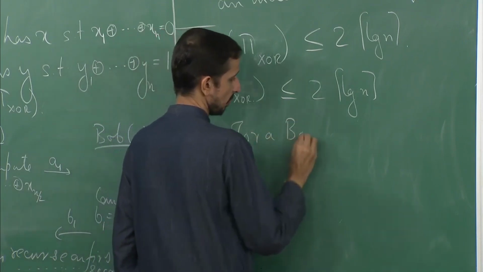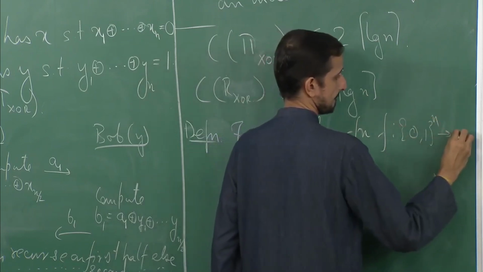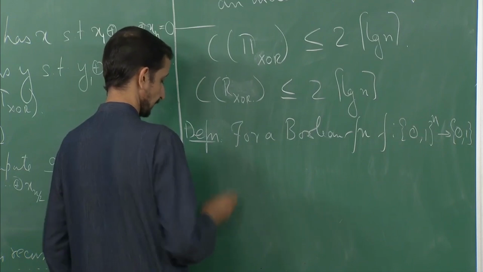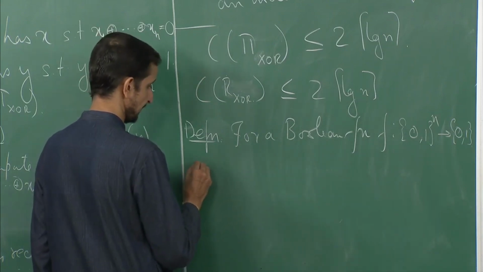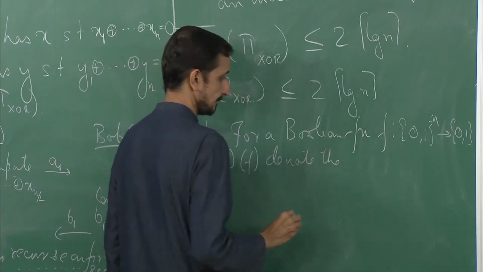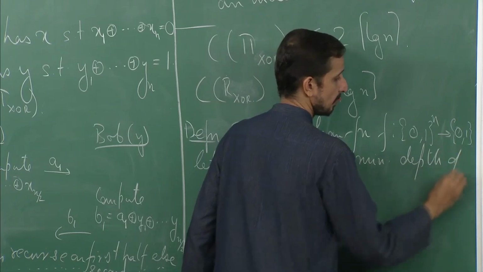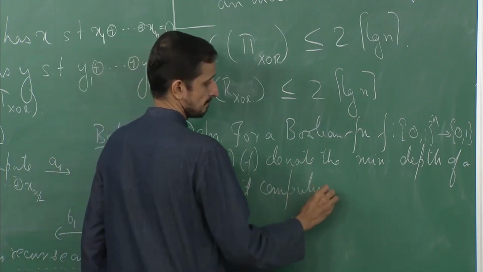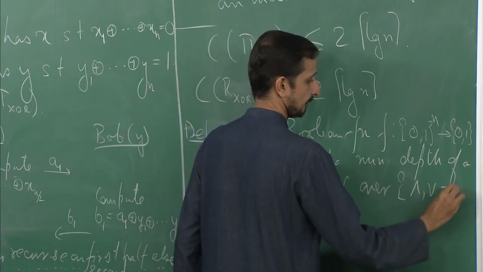For a Boolean function f, let d of f denote the minimum depth of a circuit computing f over AND, OR and NOT gates.